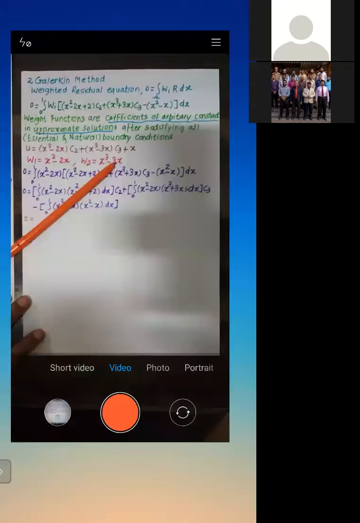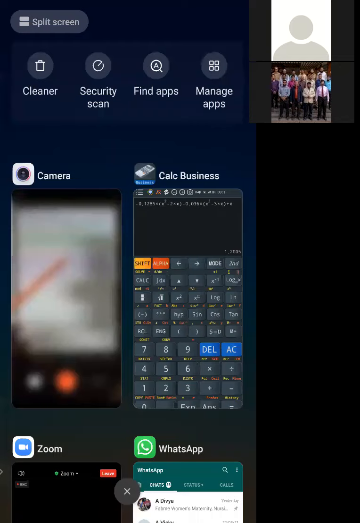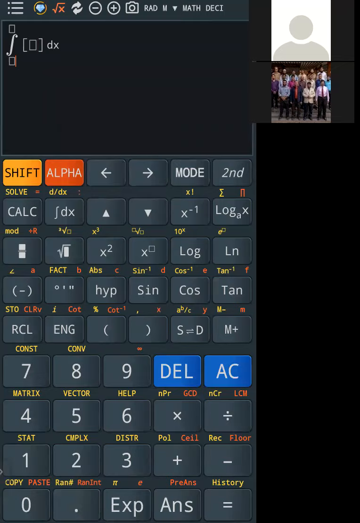I'll solve integration for the limit 0 to 1 of x square minus 2x into the bracket x square minus 2x plus 2.